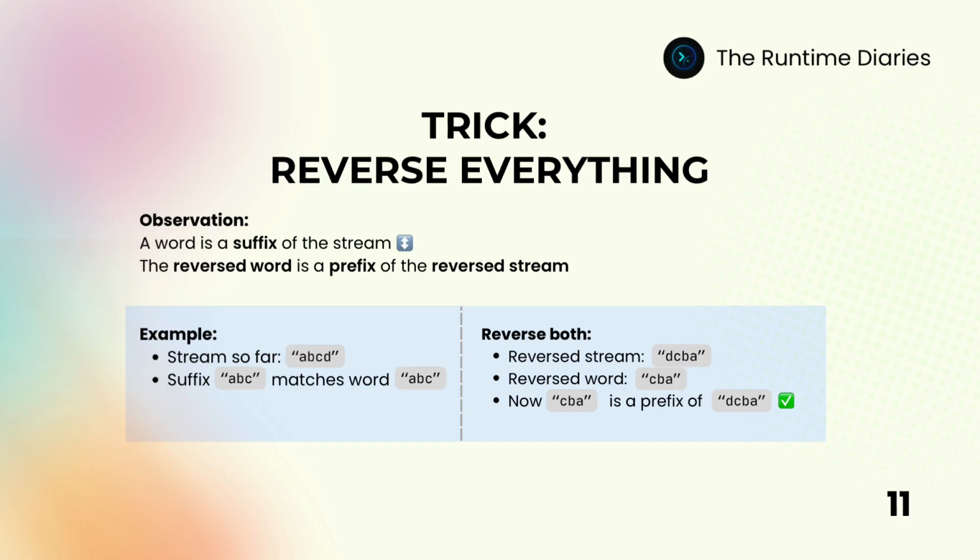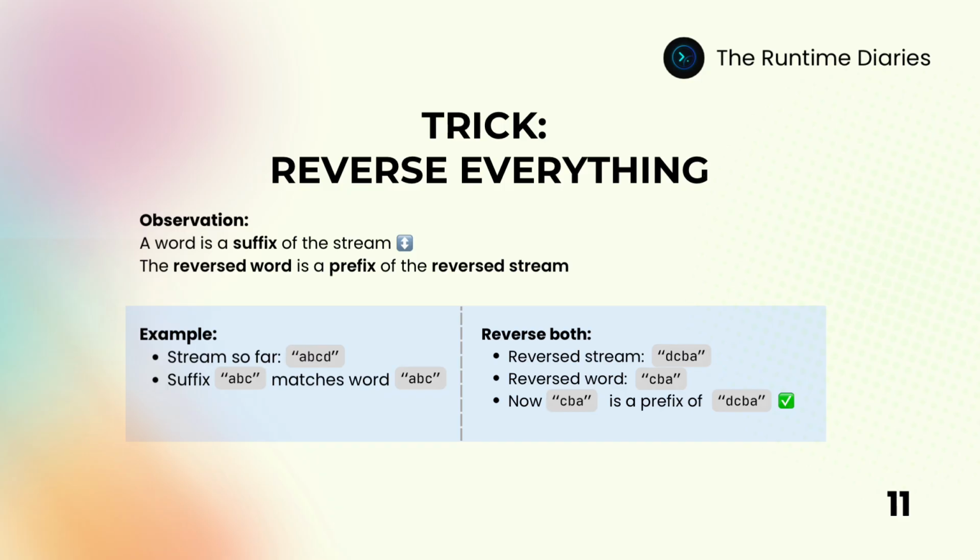Here's how. The key observation is we need to check if any dictionary word appears as a suffix of the stream. That's hard to do efficiently. But here's the insight. If we reverse all dictionary words and build a trie from them, then we can check suffixes by walking the stream backwards and checking for prefix matches in the trie.